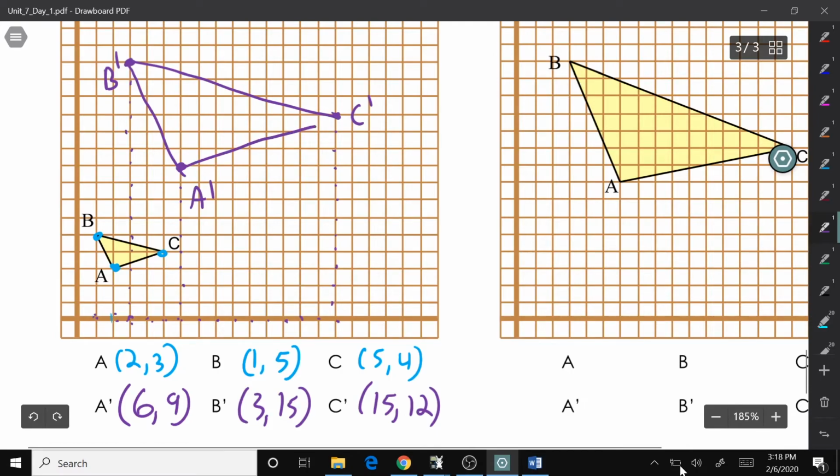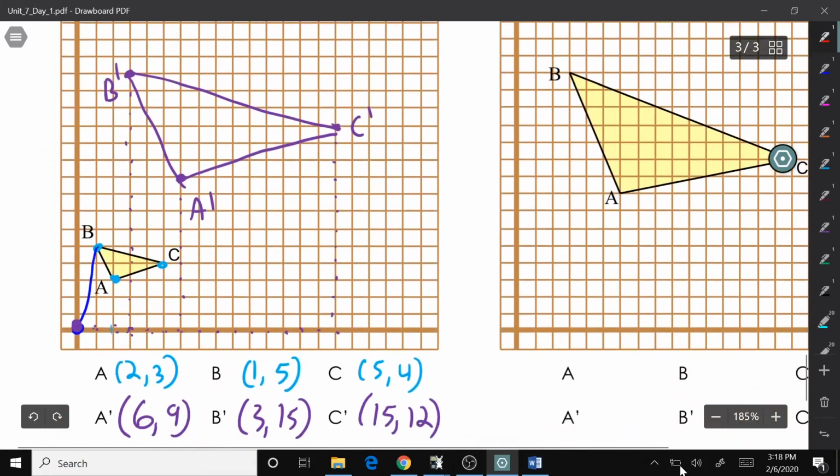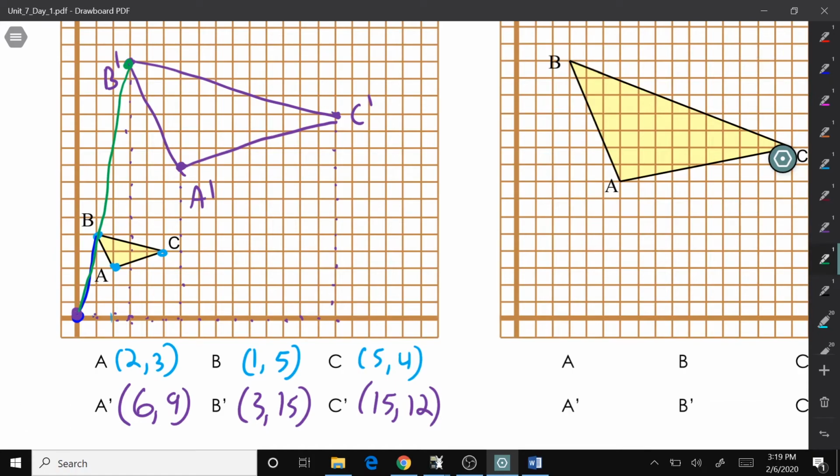And what's happening here is that the distance from our origin, which is our center of dilation, the distance from 0 to B, and the distance from the origin to B prime, is by a scale factor of 3.